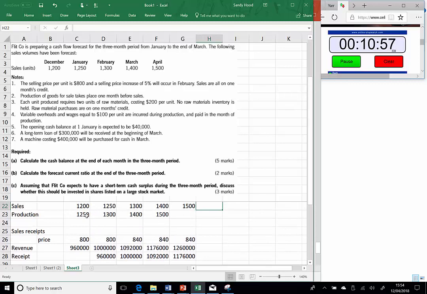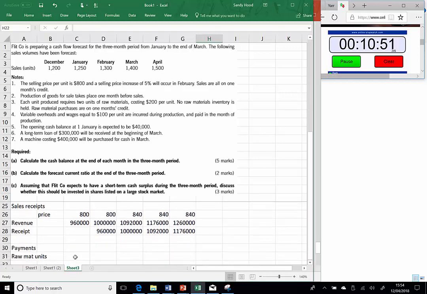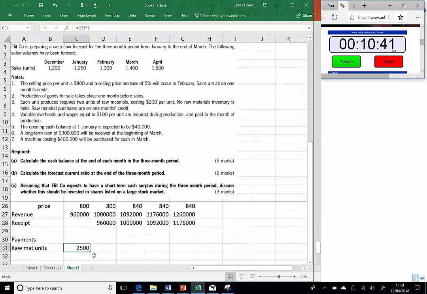They're here on row 23. So it's row 23 times 2 units for every product that we make, and that's giving me the raw material that we use.